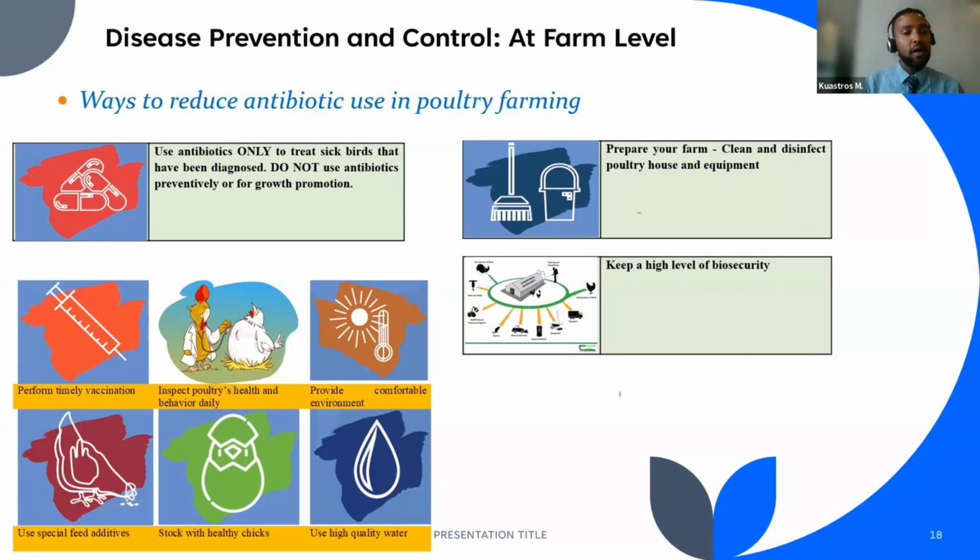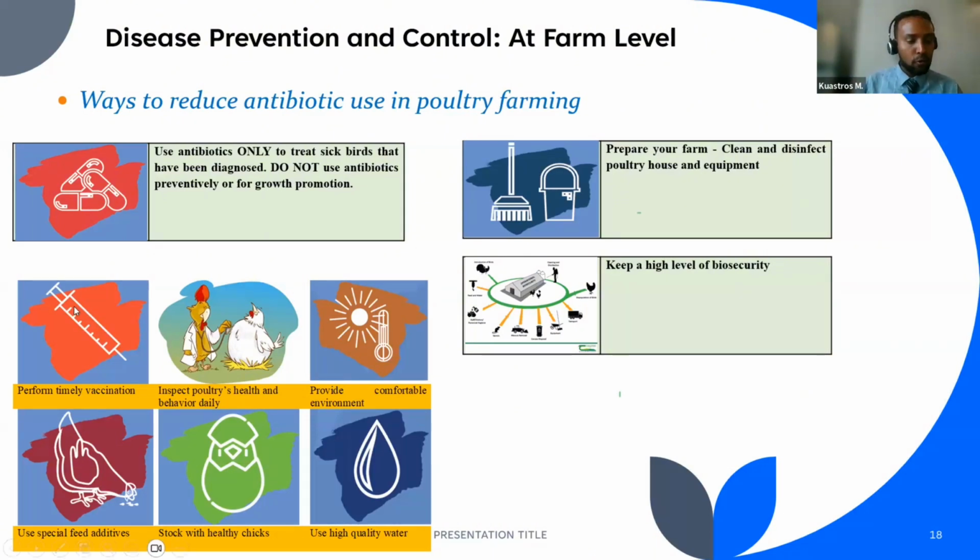But this is really a wrong perception. So whenever we use antibiotics, we only need to use them for sick animals. We don't need to use them for preventing a disease or for growth promotion purposes.